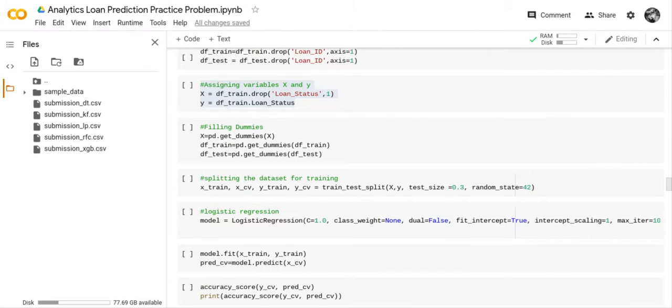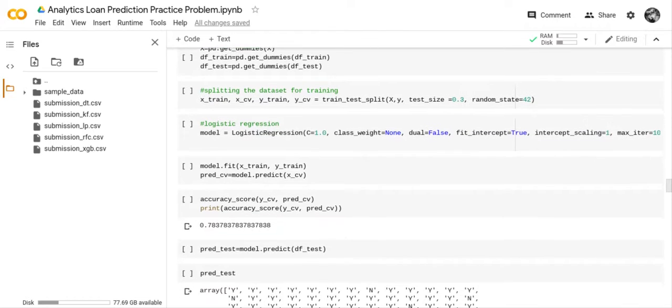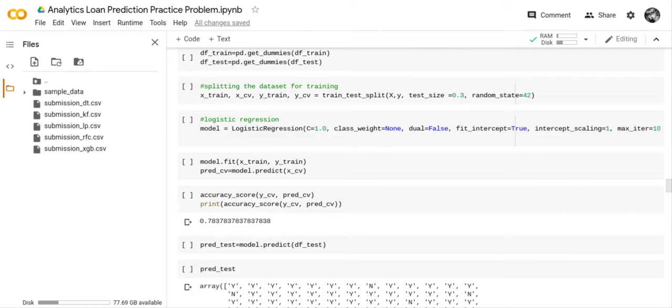We assigned the variables for X and y, and then we did get_dummies, which you have to do as a way to prepare the file to be trained on. So we split our data into X_train, X_cv, y_train, y_cv with train_test_split.